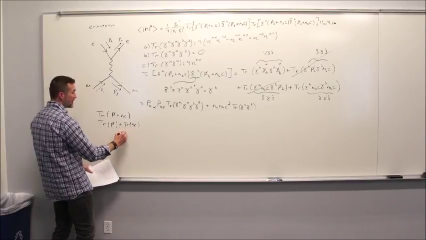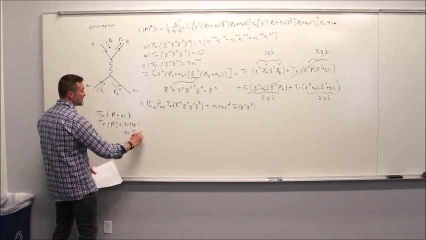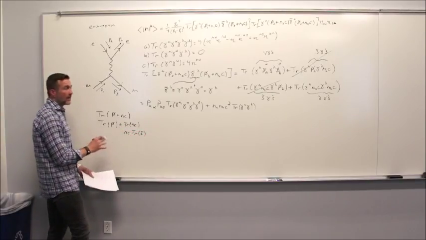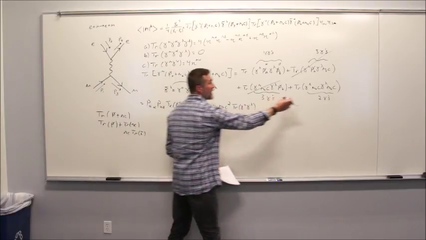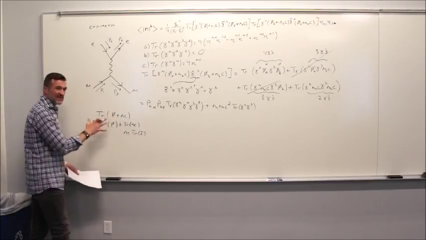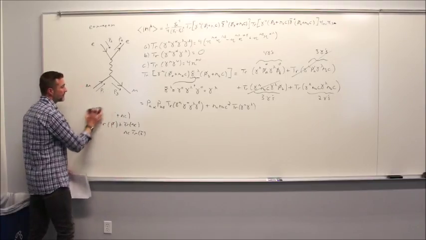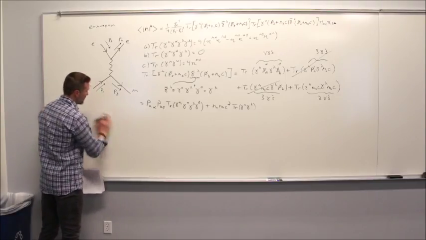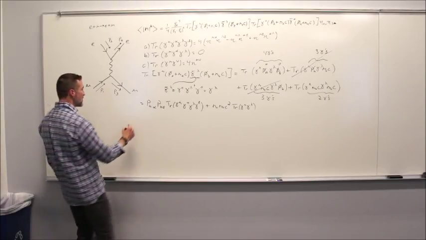And then I would have to remember that this is the trace of the identity, which is not 1. Here, the 1 is multiplying things, so it's not going to really change anything. But in an expression like this, I'd have to be careful. Okay? So, good point. All right, so now we just plug and chug.